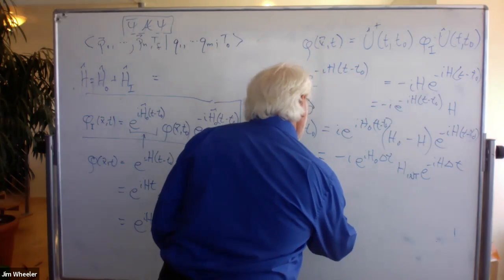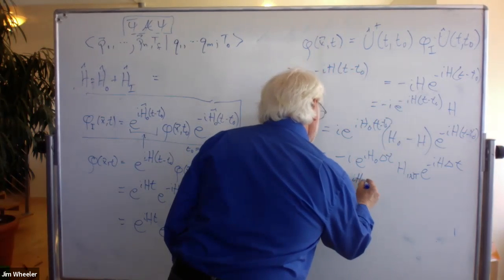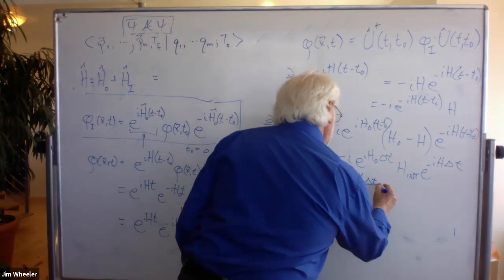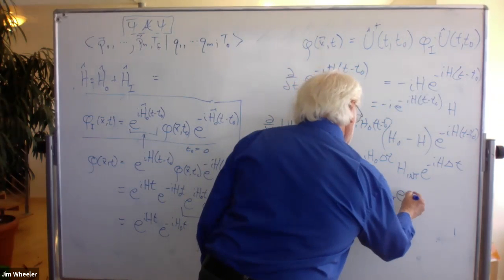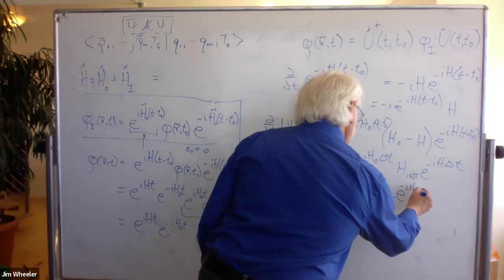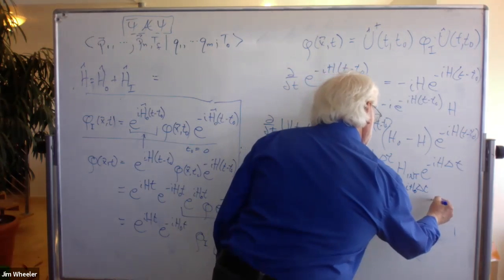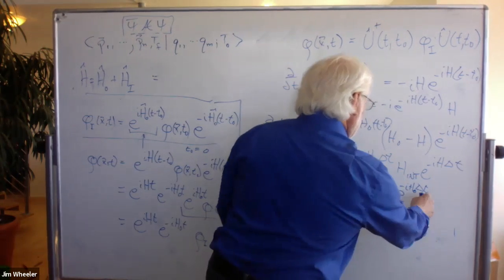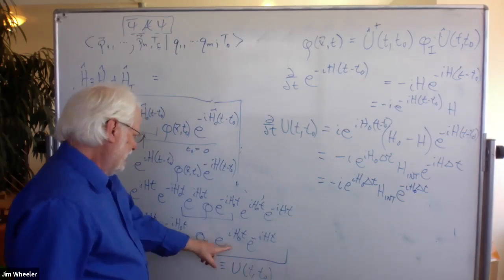Oh yeah, I remember. Okay, so I'm going to stick in another identity. So we've got the interaction Hamiltonian here. Then I'm going to put in e to the minus I H naught delta t times e to the I H naught delta t times this, but that's U again, right?